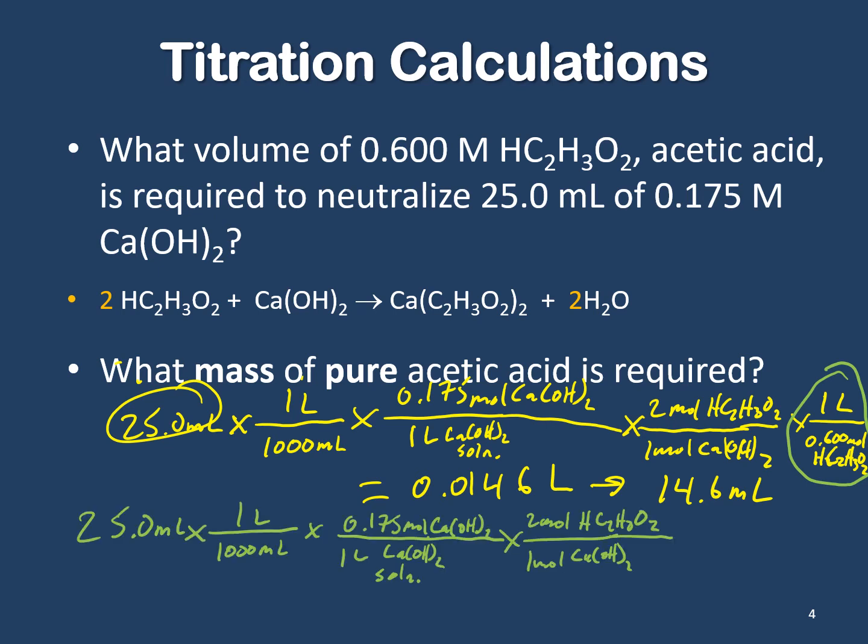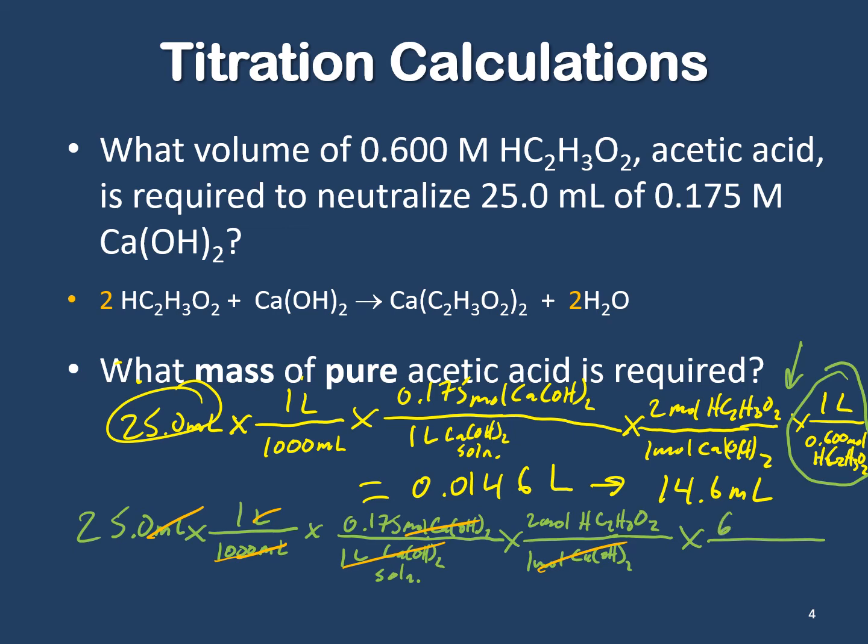Okay, so here we have up to where we got to last time. This is where the difference occurs, right? Milliliters have canceled, liters have canceled, moles of calcium hydroxide have canceled, and I am now in moles of acetic acid. If I want to calculate grams of acetic acid here, I need to multiply by the molar mass of acetic acid.